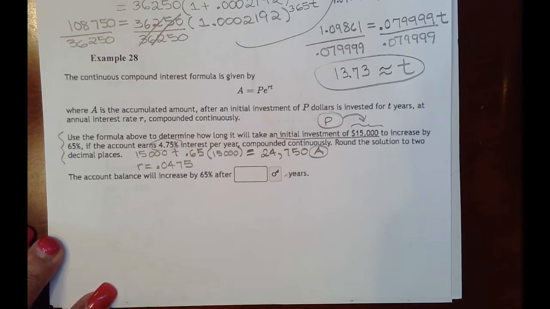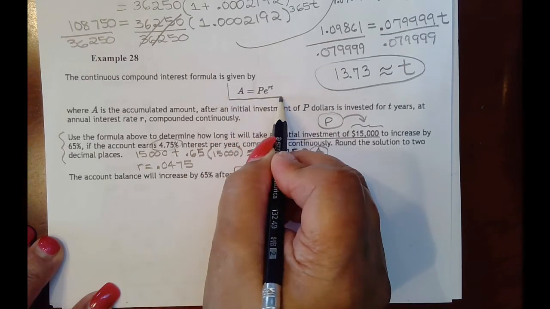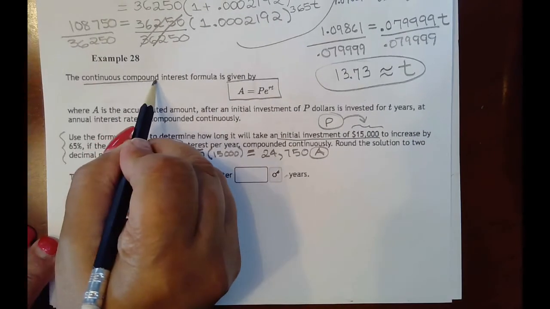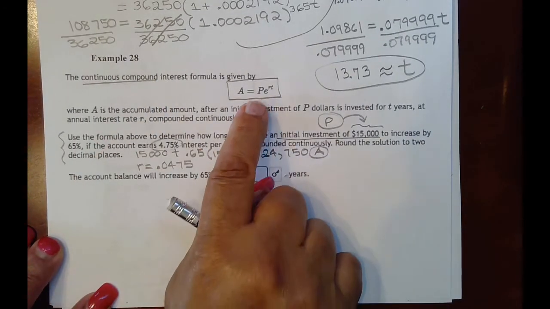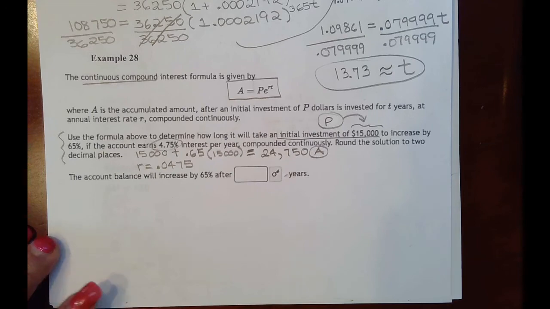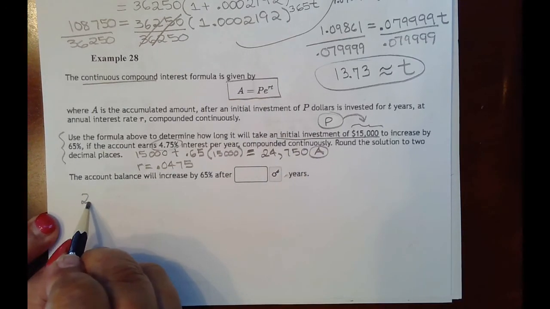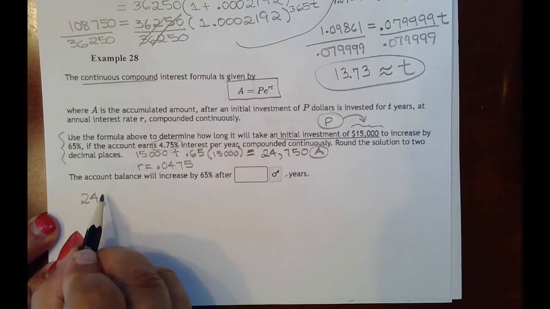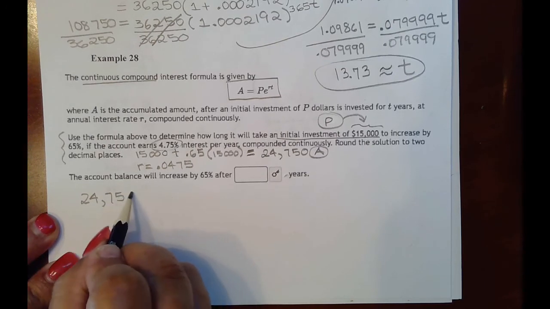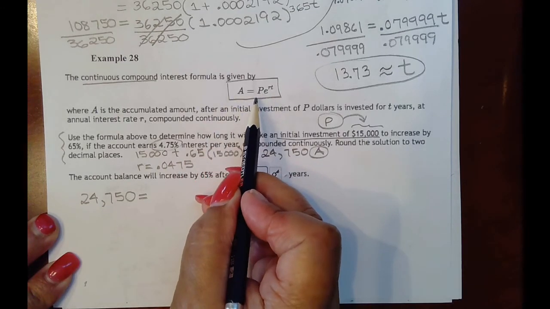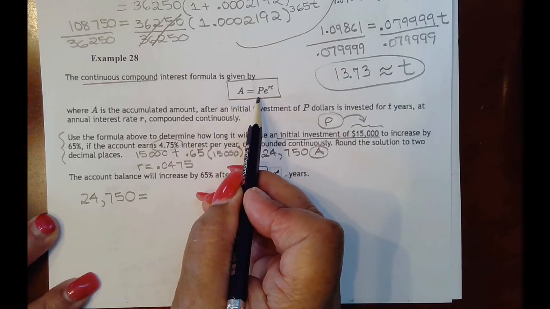Now plugging into this continuous compounding formula. Look for them to be saying this whenever you're using this formula without the n's in it. So final amount, 24,750. Continue that formula and you have the principal amount on the right side of the equal sign.